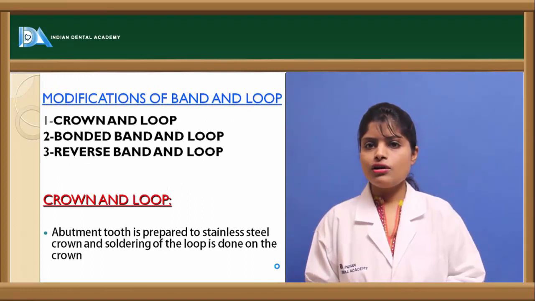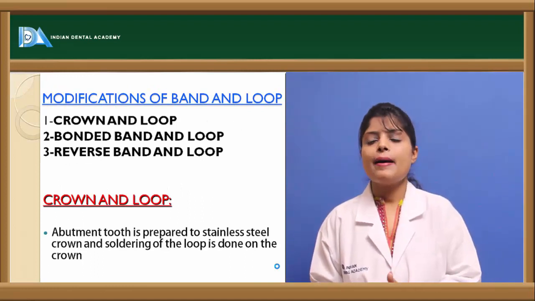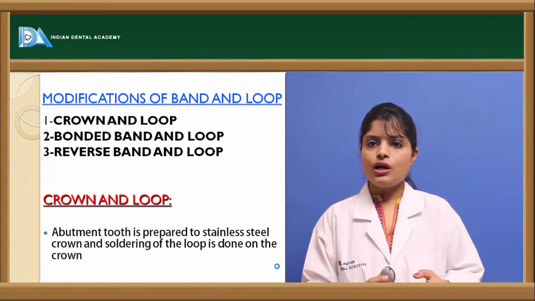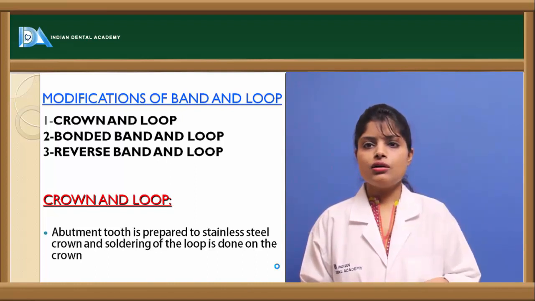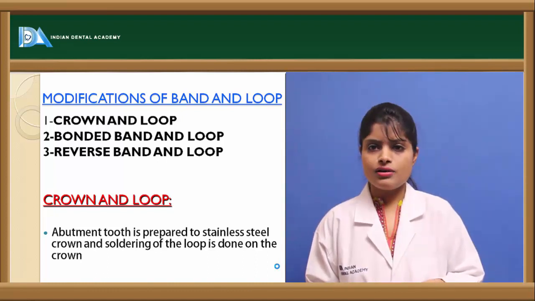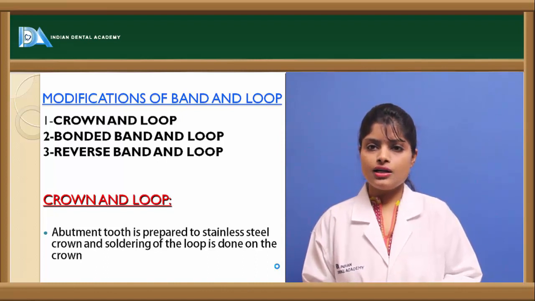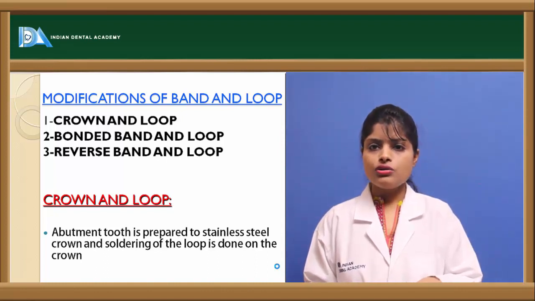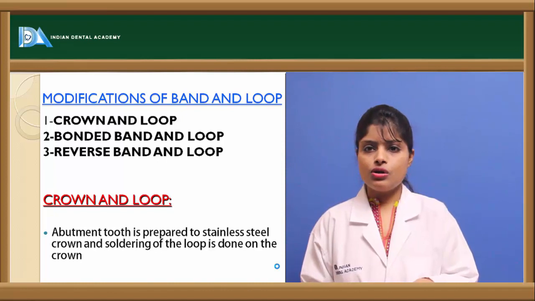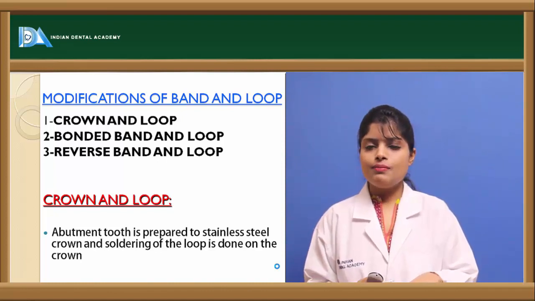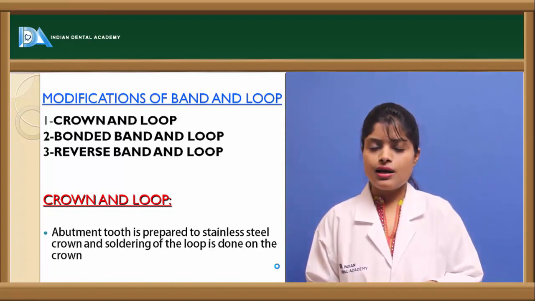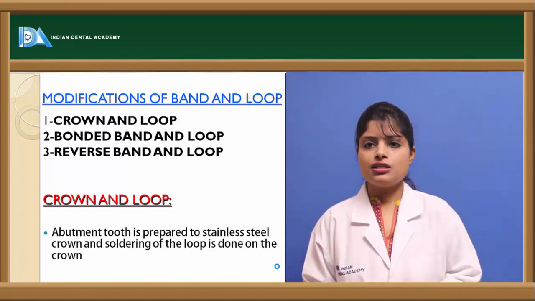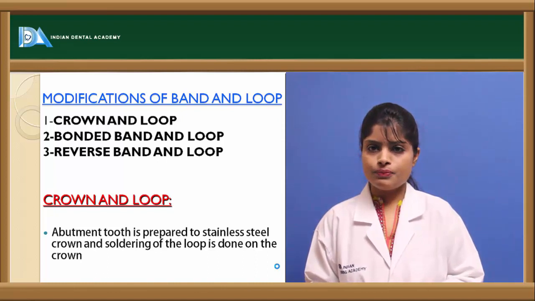There are certain modifications of this particular appliance, such as the crown and loop. For example, if the first primary molar is pulpectomized, or it is hypocalcified, or it is destroyed, we can construct a stainless steel crown on that molar, and further solder the loop to the crown, and further construct the band and loop in the oral cavity.